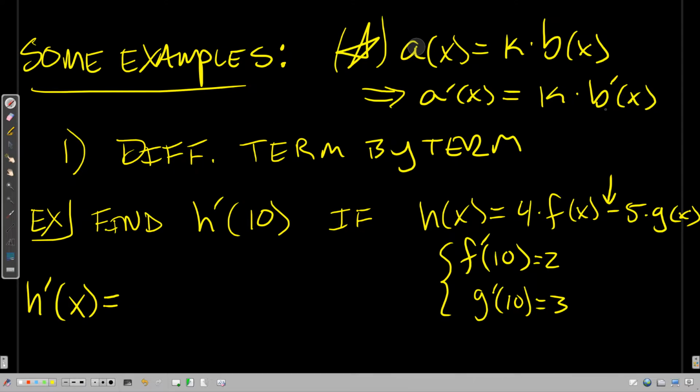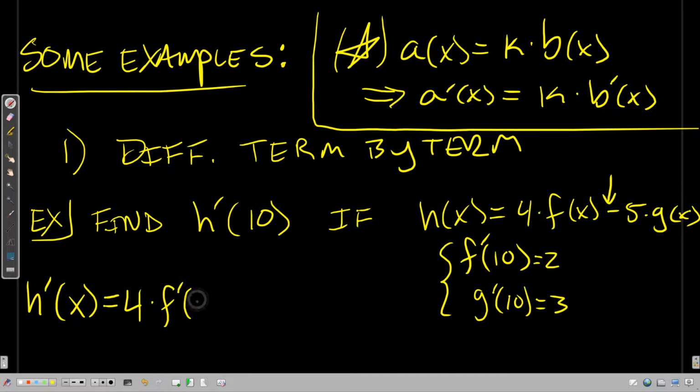The constant just comes out front, is how I like to say that. So this will be nothing more than 4, and so I kept my 4, and then it's times the derivative of f. Well, that's f prime of x. And then minus the 5 times the g prime of x.